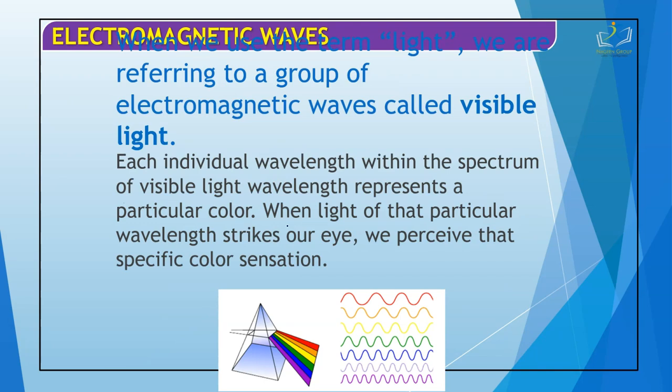When we use the term light, we are referring to a group of electromagnetic waves called visible light. Each individual wavelength within the spectrum of visible light represents a particular color. When light of that particular wavelength strikes our eye, we perceive that specific color sensation.